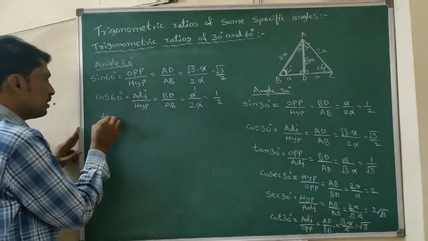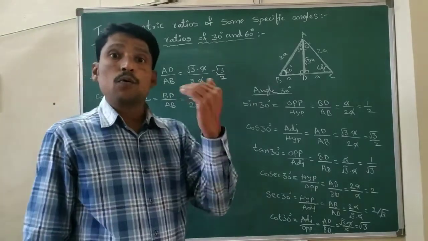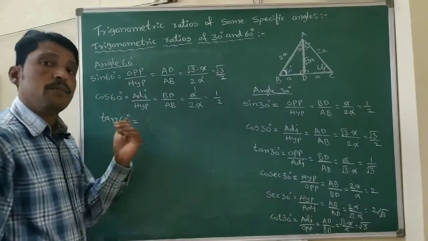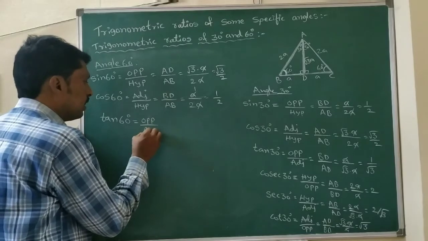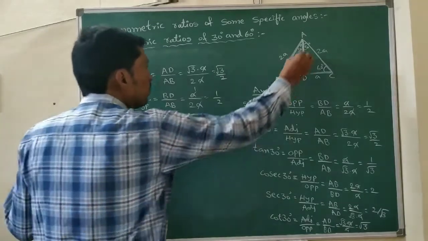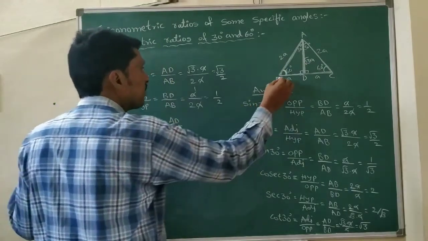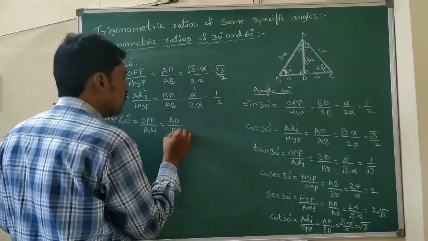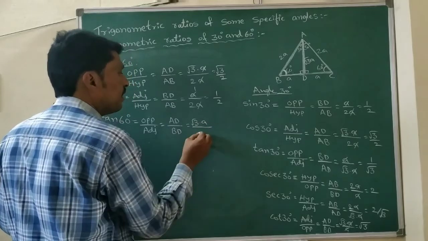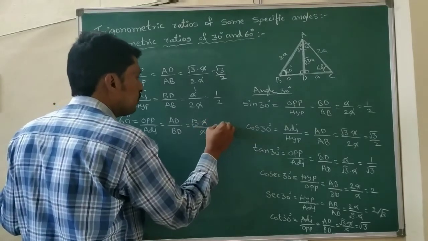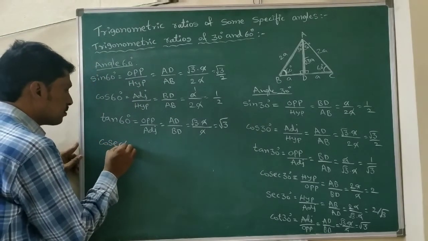Next, tan 60 degrees. What is tan? Opposite side to angle 60 by adjacent side to angle 60. What is opposite? AD is the opposite side, by adjacent side BD. So that equals AD value root 3 into A by BD value A. A gets cancelled, that equals root 3 is the answer. Next, cosec 60.